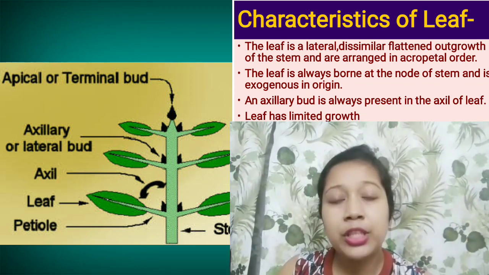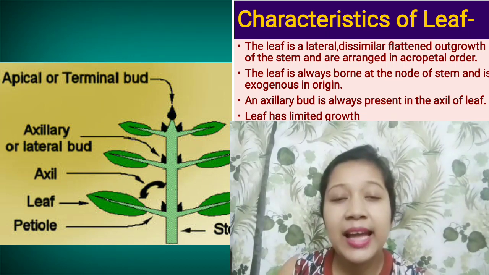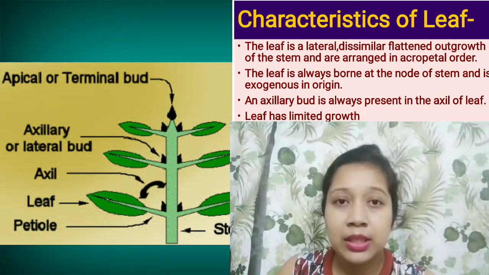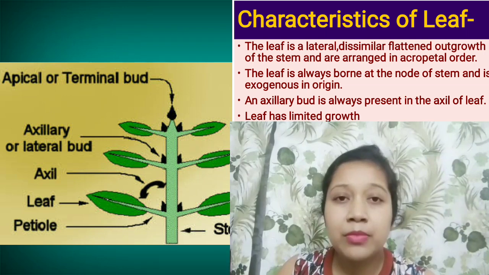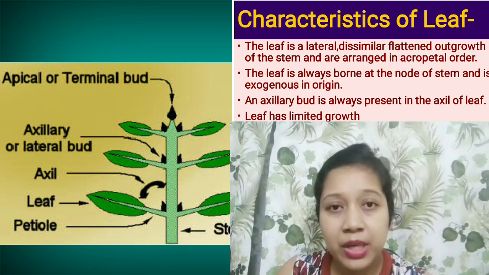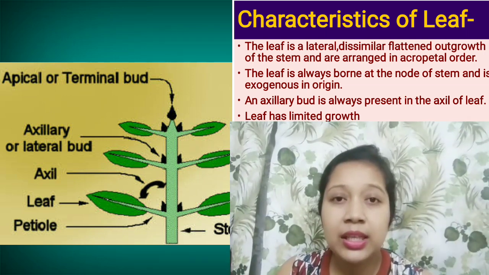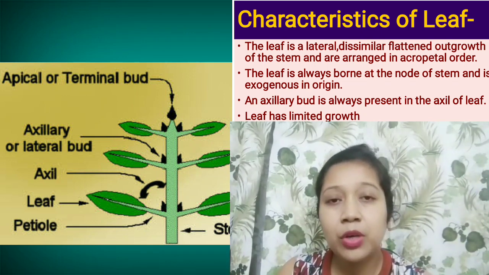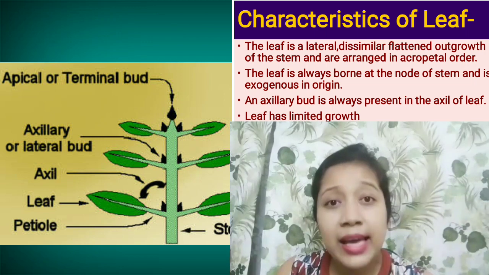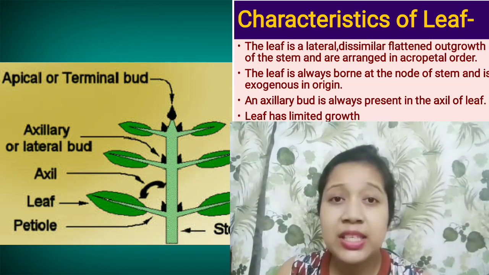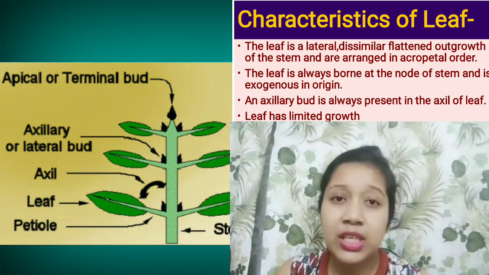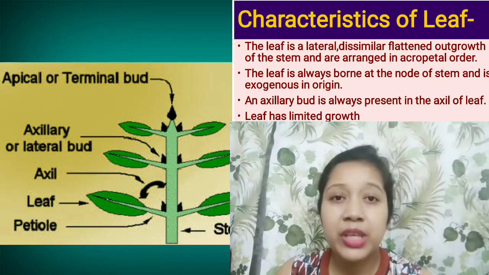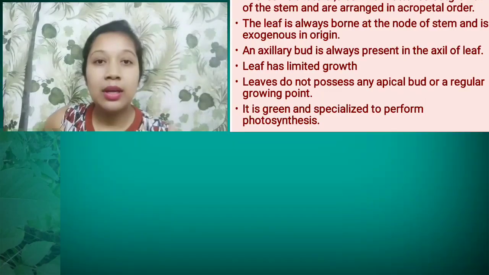And that axil point always bears an axillary bud. So the leaves do not have any kind of apical bud. As in the case of the stem, we see that it has an apical bud, but in the case of leaves, we always find the axillary bud, which is present in the axil of the stem. So that is the next important point to be kept in mind.